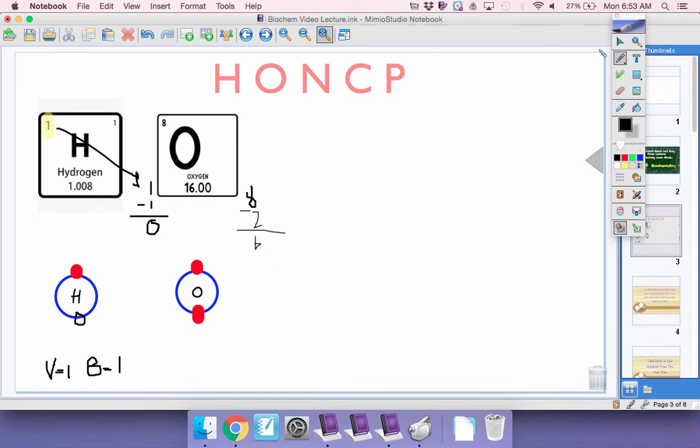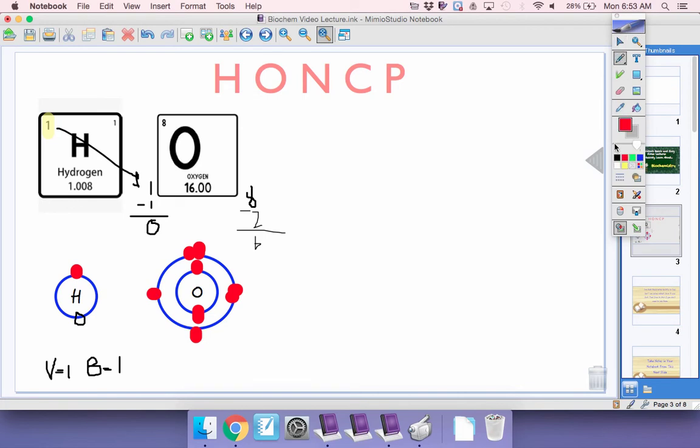Okay, we have 6 electrons left to go, and so we need to move out to another energy level. In this energy level we need to put 6 electrons. 1, 2, 3, 4, 5, and 6.